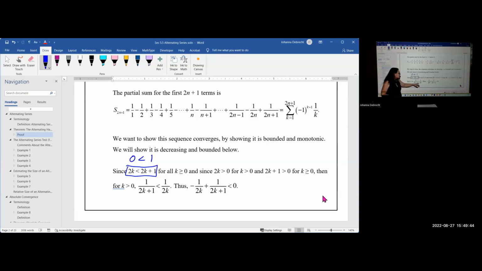And then, of course, we can subtract 1 over 2k from both sides, and we get that negative 1 over 2k plus 1 over 2k plus 1, which are the last two terms in the sum of 2n plus 1, is less than 0. What we've really done is shown that this is a negative value. Whatever it is, it's less than 0.